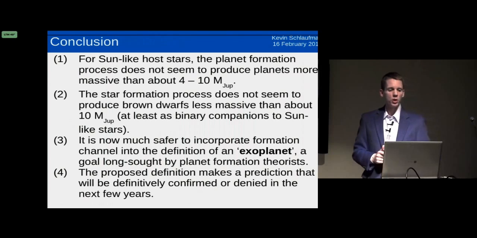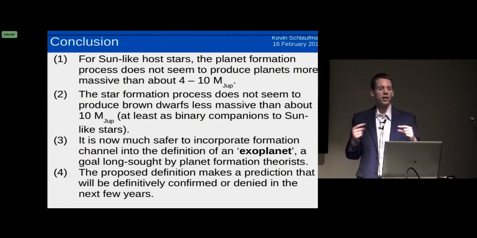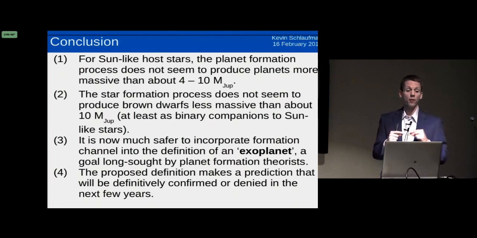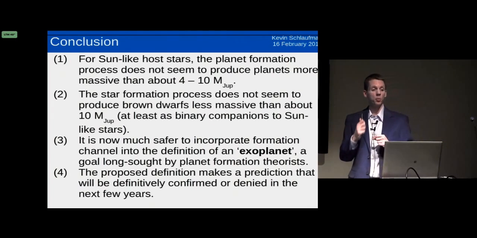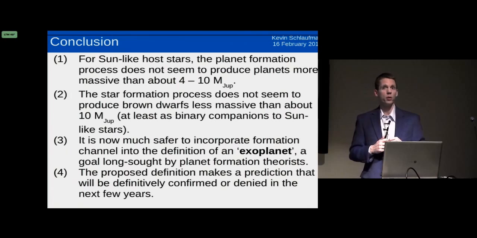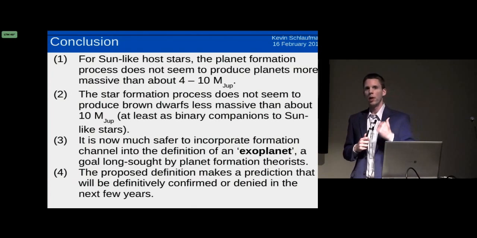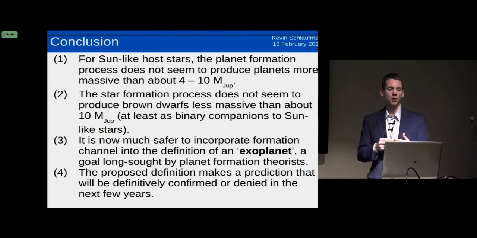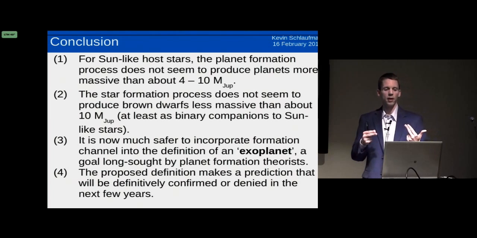And so my conclusion is that for Sun-like host stars, the planet formation process does not seem to produce planets more massive than about 4 to 10 Jupiter masses. Planets form from the bottom up. They prefer metal-enriched stars. And it seems like these objects stop preferring metal-enriched stars once their individual masses grow in excess of 10 Jupiter masses.